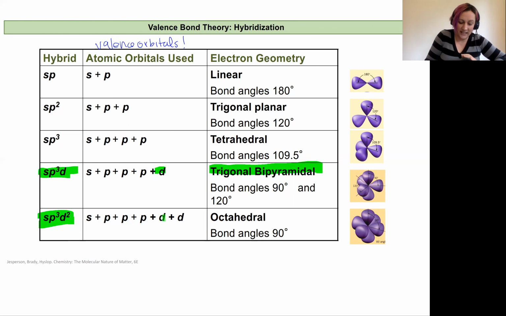If we pull in 2 d orbitals, we'll have 6 bonding orbitals available, and that's how we create the octahedral geometry that we were talking about in expanded octets. Valence bond theory then shows exactly how those empty d orbitals are able to participate in bonding covalently when there are no electrons occupying those d orbitals.